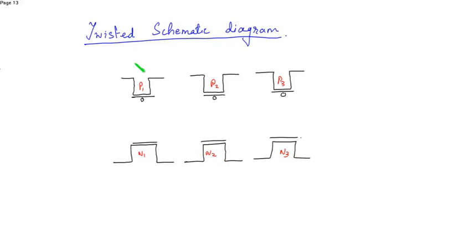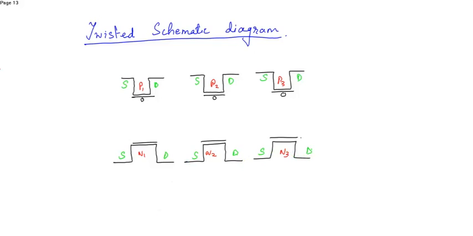Now this is the source of P1, this is the drain, this is the source of P2, this is the drain, this is again the source of P3, this is the drain. This is source of N1, drain of N1, source of N2, drain of N2, source of N3 and drain of N3.